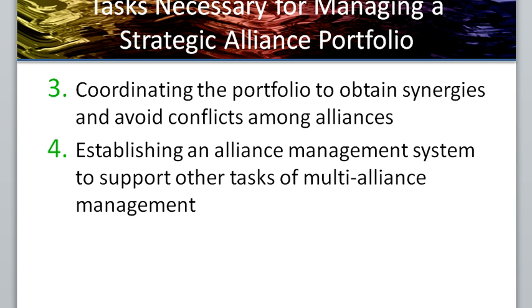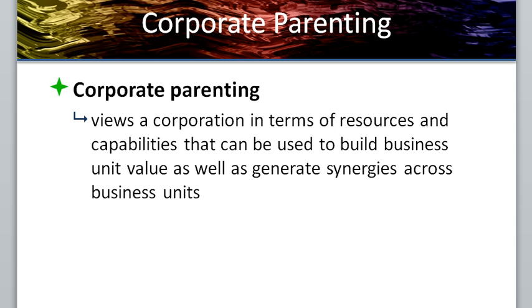Different companies could overlap their assets to generate even more sales. That would be the synergy you're looking for. And then establish an alliance management system to support all of the cross-alliance and cross-divisional management: some sort of system so these companies will be working together and not separately.